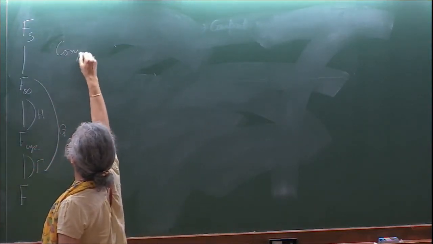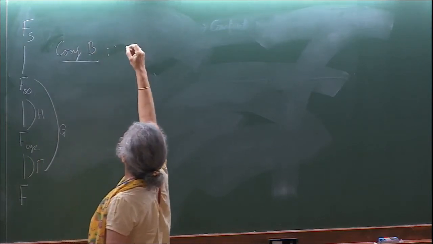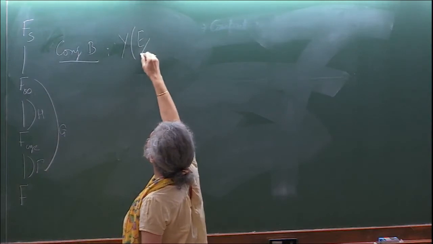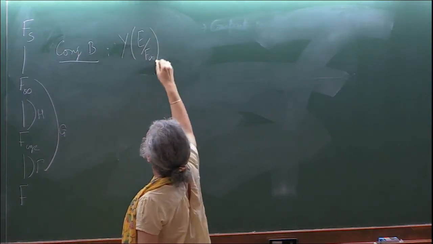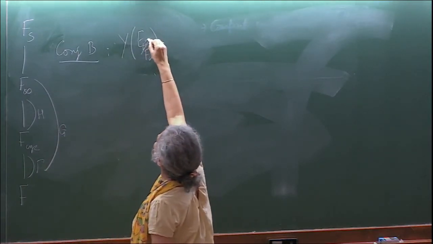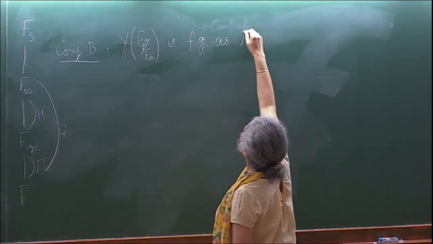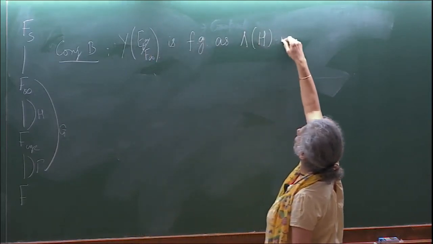So conjecture B: I call the dual fine Selmer group Y of E over F infinity, that is, E[P^∞] over F infinity, is finitely generated as a Λ(H)-module this time.